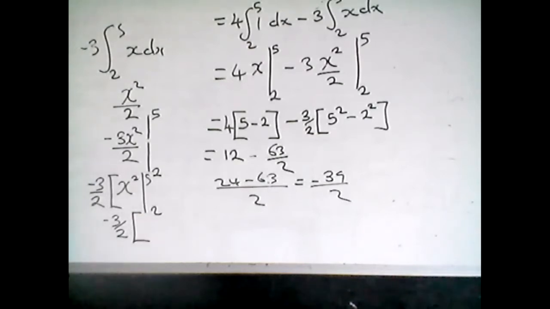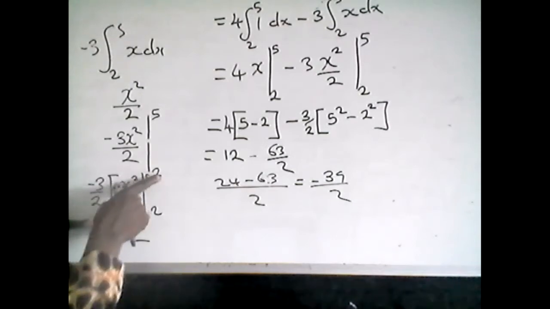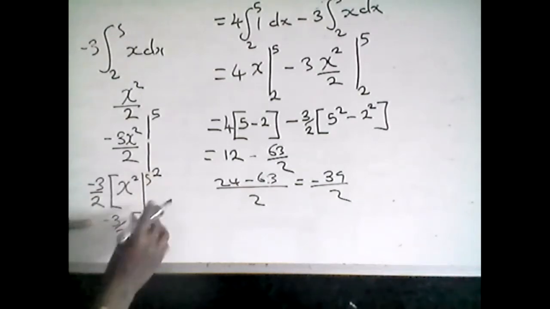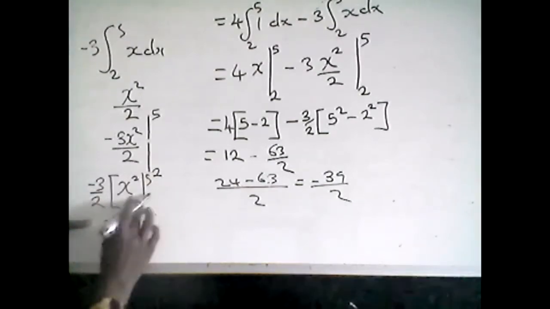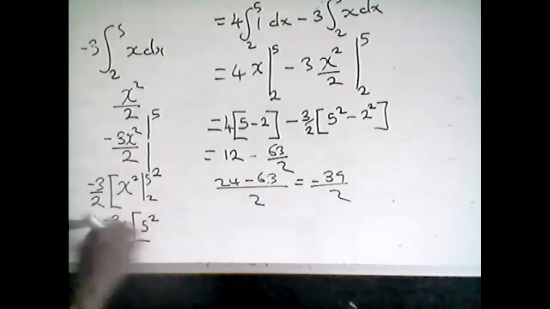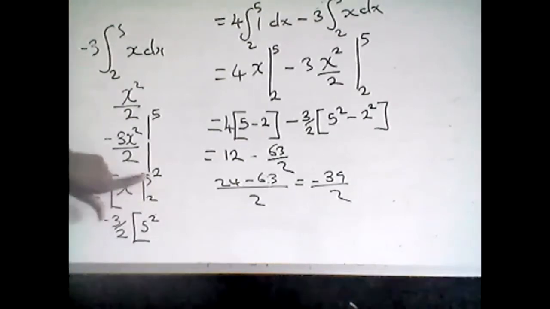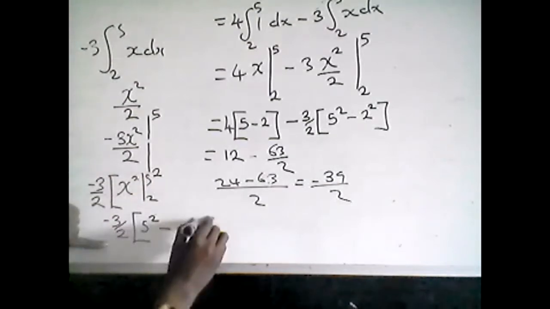Now I start the business. What is x here? You put a 5. You're going to have 5 squared because it's x to the power 2. Now next, to use this lower bound, it will be minus.